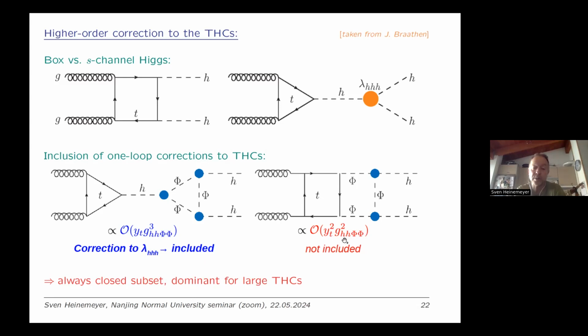These are not included. And two remarks are in order. First of all, what we take into account is always a closed subset. The ones with the triple Higgs couplings cubed only enter in this kind of diagram, so it's a closed subset. One can consistently include them in the evaluation. And if these couplings are larger than the top Yukawa coupling, then they're even the dominant ones.